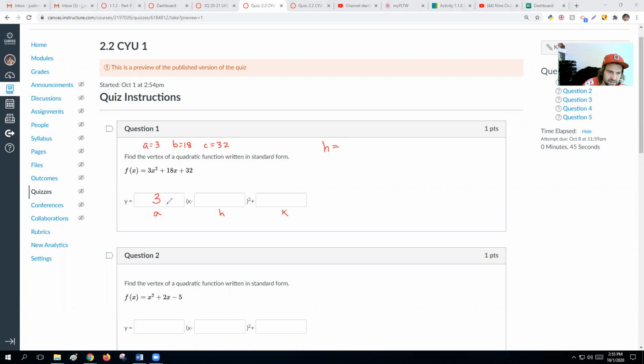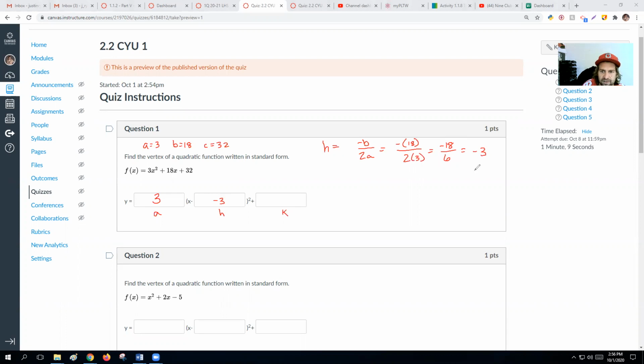I know A is going to be 3. That's already going to be plugged in right there. To find H, it's going to be -B over 2A. Or in this case, it's going to be -18 over 2 times 3. So we got -18 over 6. That's -3. So that's what H is, -3.